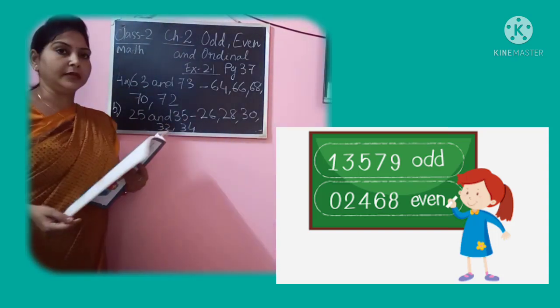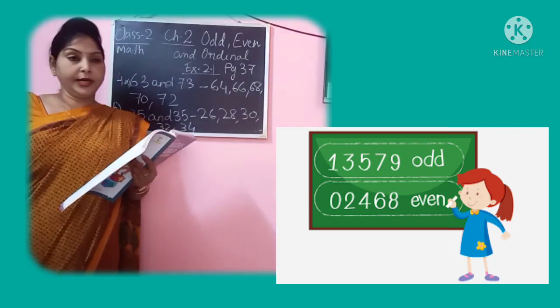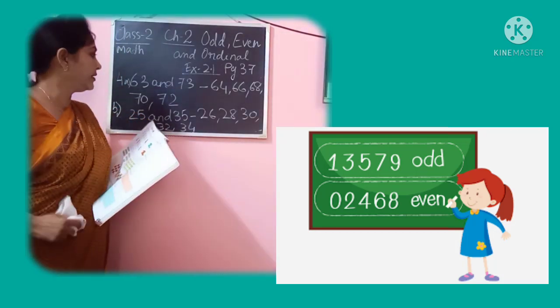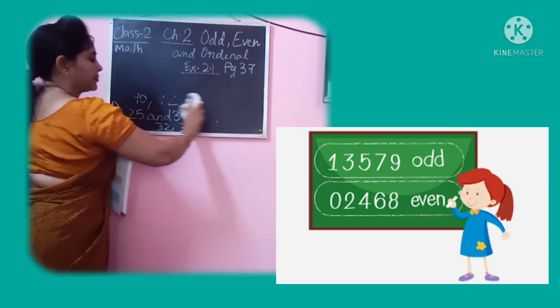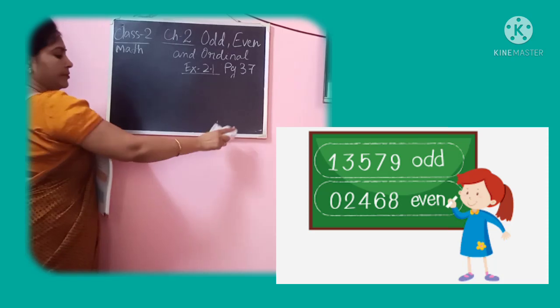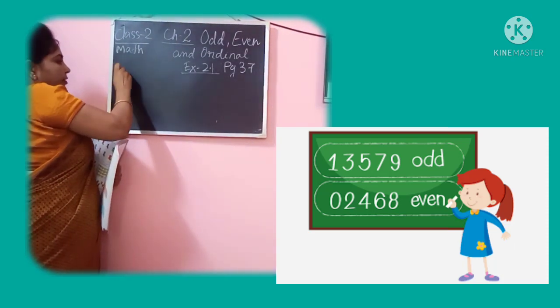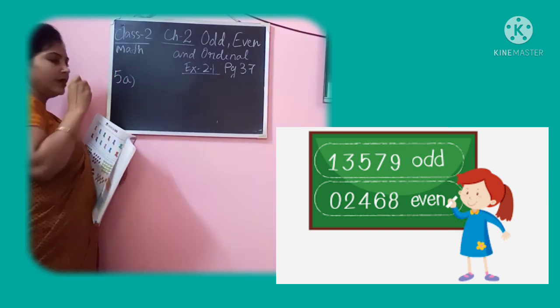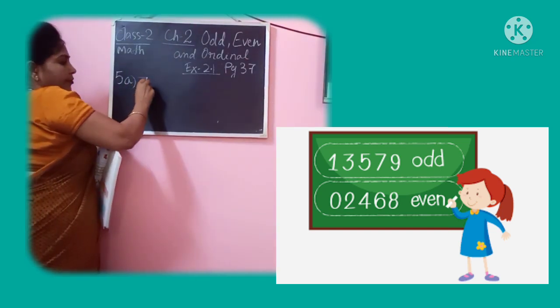Similarly, in question number 5, you will write all the odd numbers. How will you do that? Write the odd numbers. First question, 74 to 84.